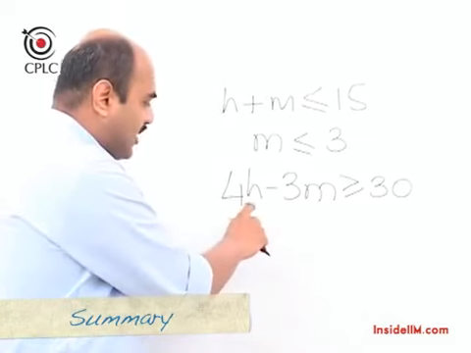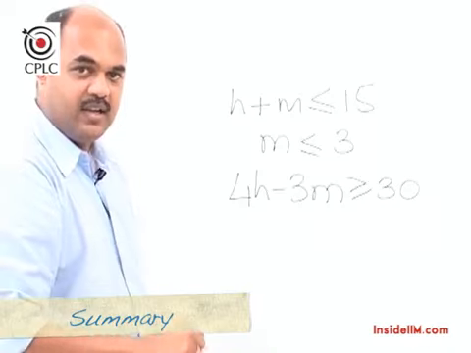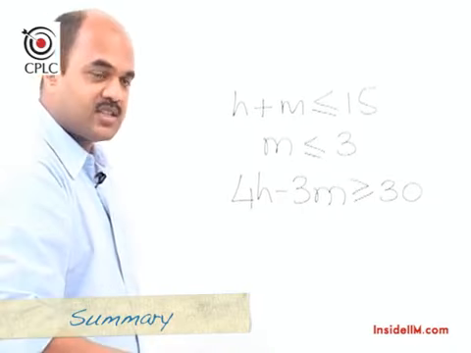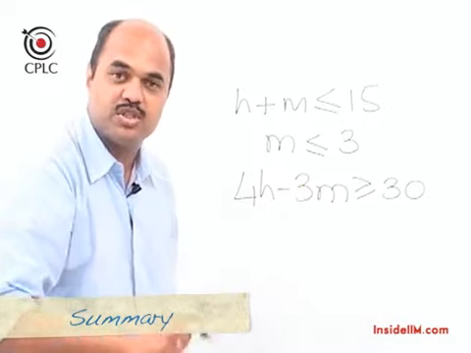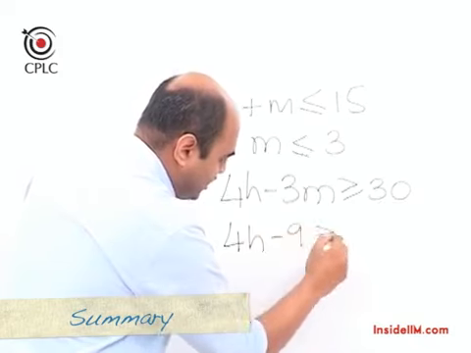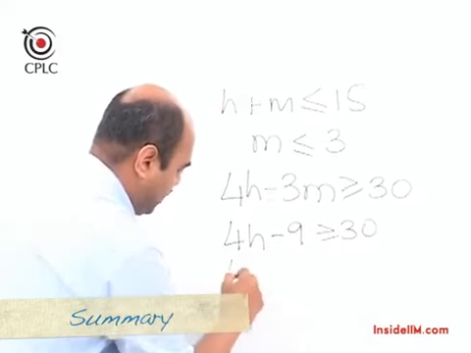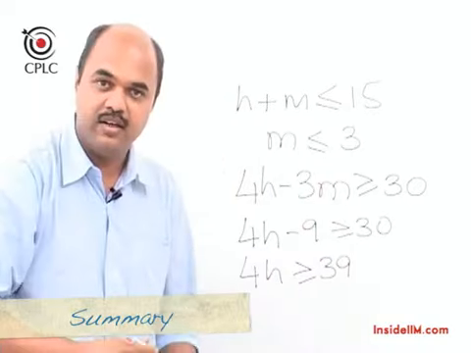Now if I want to find the minimum number of times that I should hit the bullseye, let's take the worst possible case, that I have missed the bullseye a maximum number of times, which is thrice, which would mean 4h minus 9 is greater than or equal to 30, and hence 4h is greater than or equal to 39.